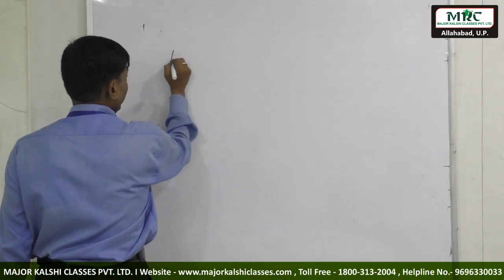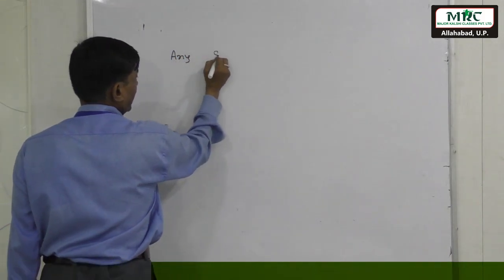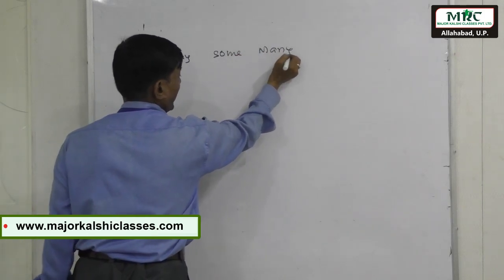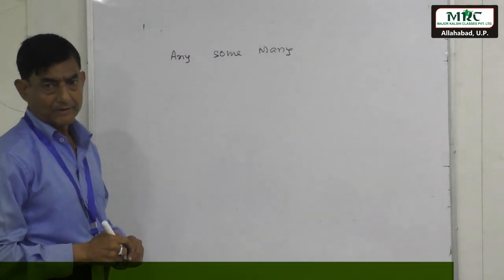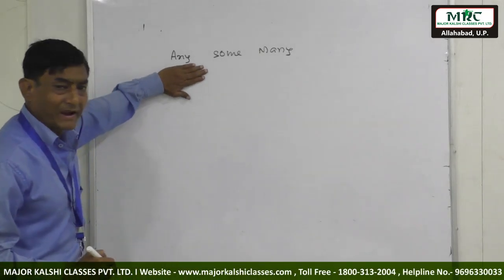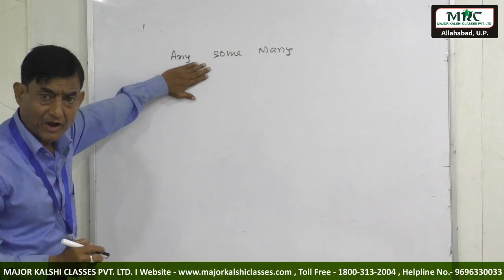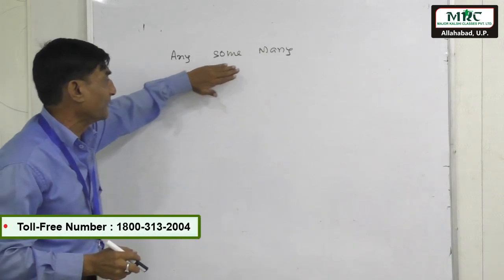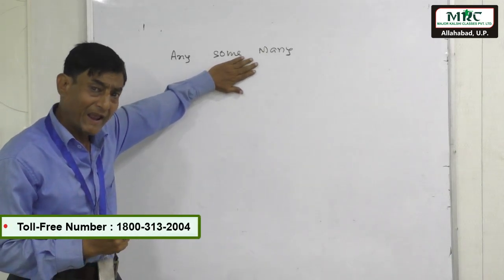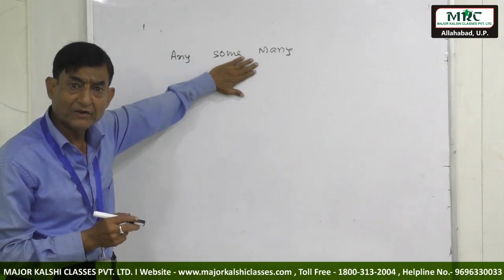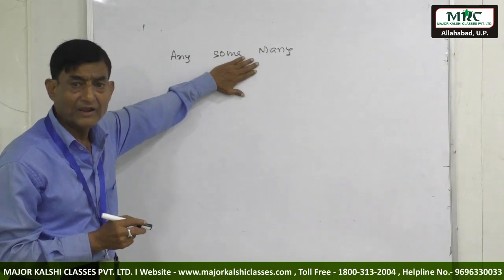There are words any, some, many. We can never use any in an affirmative sentence, and it is always used in a negative or interrogative sentence. Likewise, some is always used in an affirmative sentence, and it can never be applied in a negative or interrogative sentence.